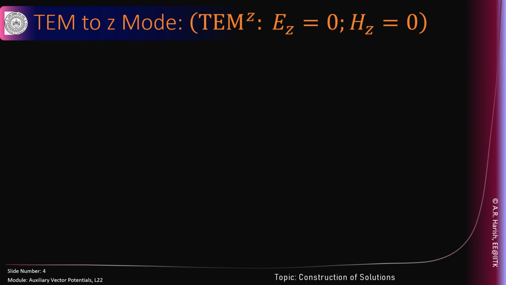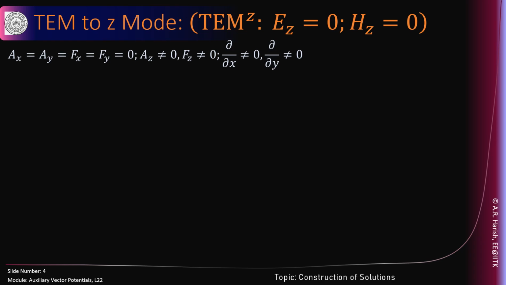Now let's ask this question: can we write equations for the TEM to Z mode? So TEM to Z implies both electric and magnetic fields are transverse to the Z direction, where transverse implies Ez is 0 and Hz is 0.